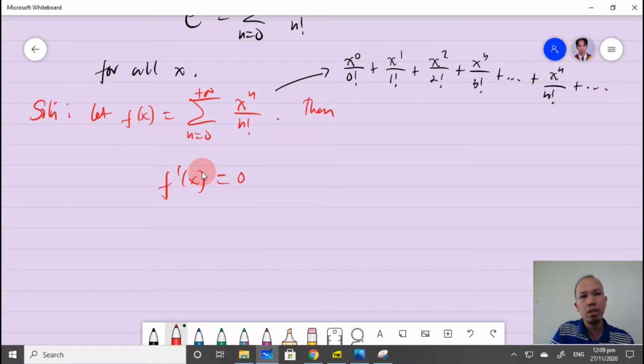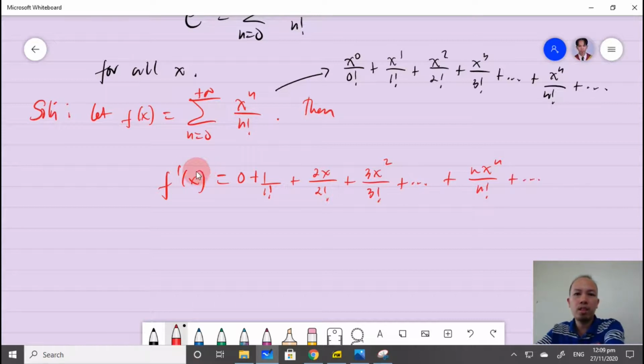For this one, the derivative is 1. And here we have 2x over 2 factorial plus 3x squared over 3 factorial and so on, and we can write this as the derivative of the n-th term.